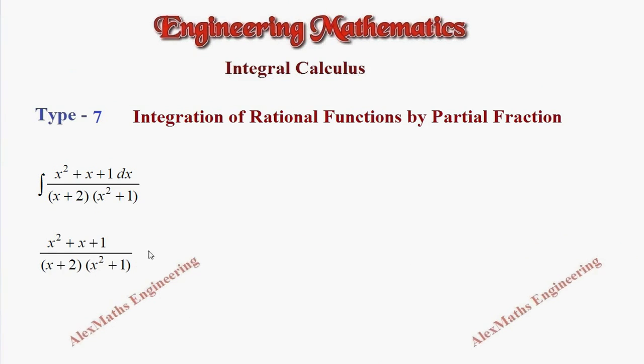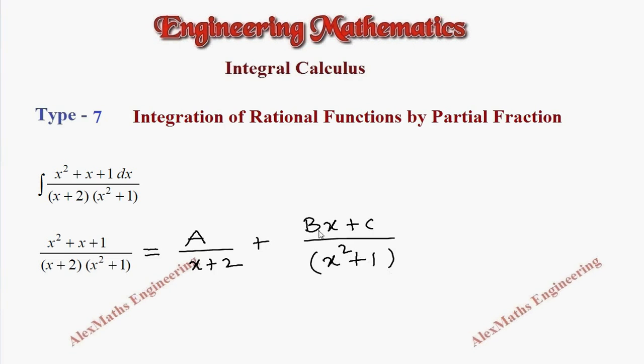So let's take this expression alone separately, which is equal to a by the first factor x plus 2. And for the other factor, the quadratic x square plus 1, we have to write bx plus c by x square plus 1. Now as usual, we have to take the LCM.